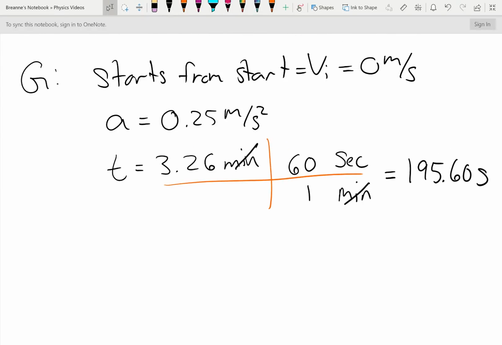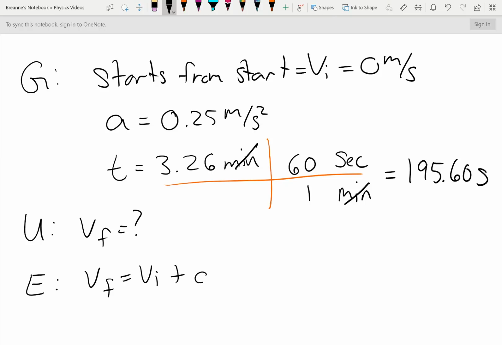And it's asking for what is the velocity of the car after. So our unknown, we're looking for a final velocity. So equations. We scroll up, look at all the equations on your review. We need an equation that has initial velocity, acceleration, time, and final velocity. If you look at your equations, you get final velocity equals initial velocity plus a t.